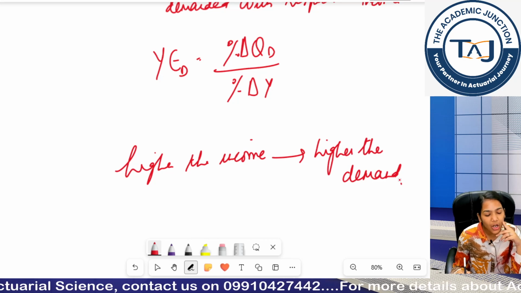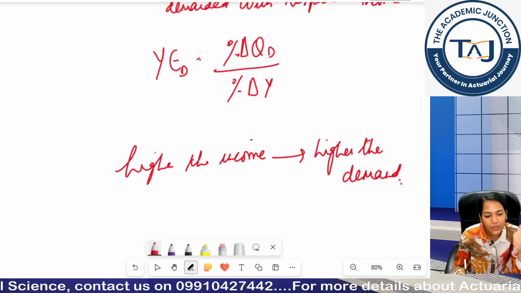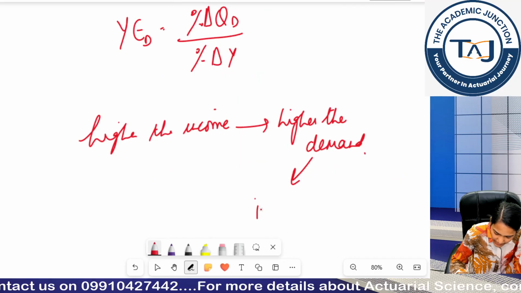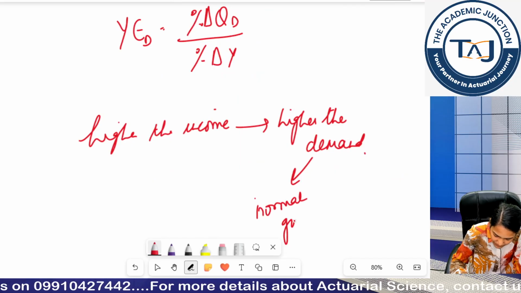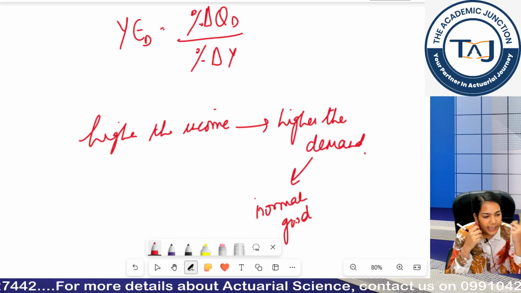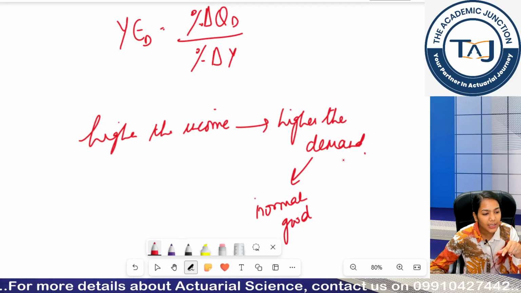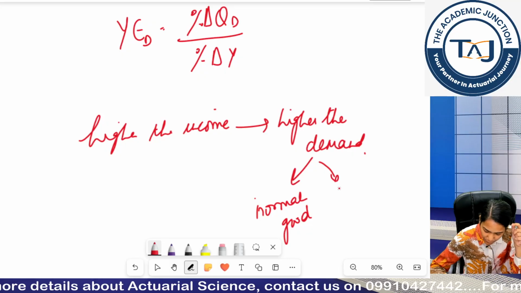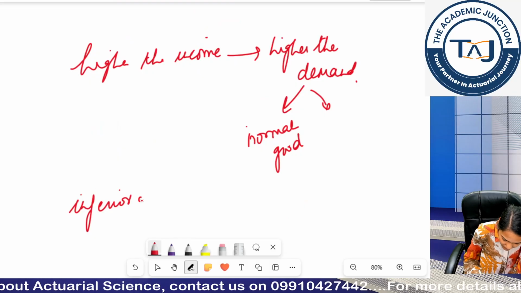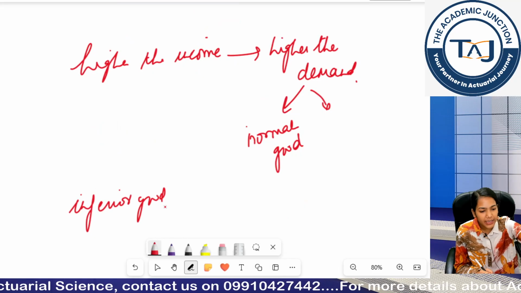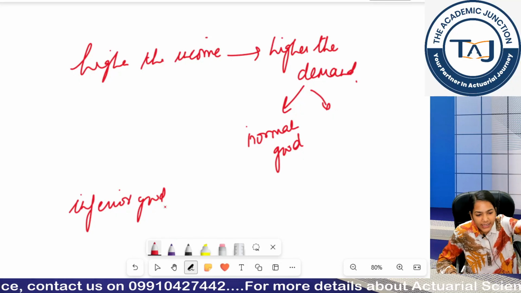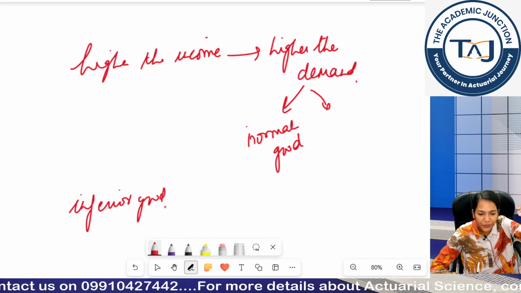But you remember we talked about 3 different types of goods, given good, inferior good and normal good. So this is only the case of a normal good, right? What was my inferior good? I told you, it does not follow the law of income. As my income increases, I would shift from my inferior good to a normal good. That's why with the increase in income, my demand for inferior good will decrease.